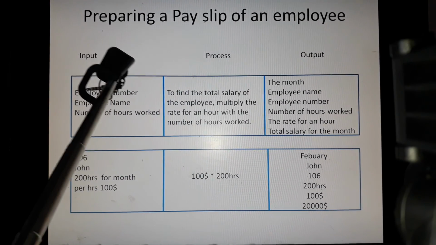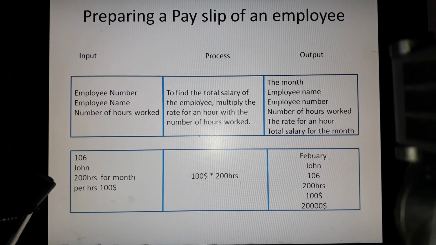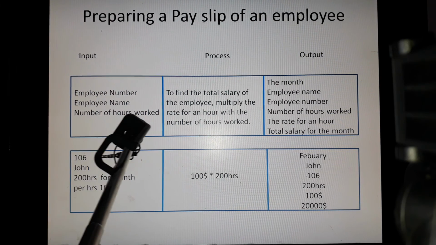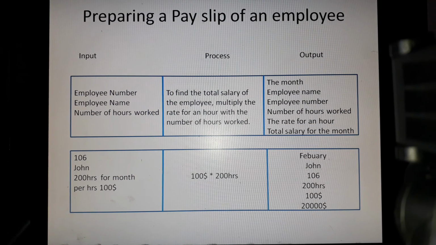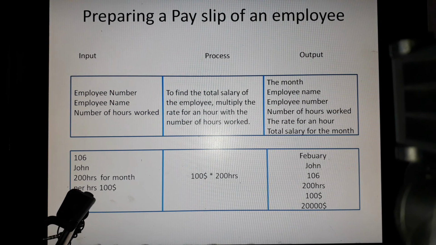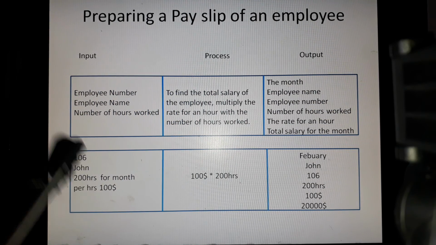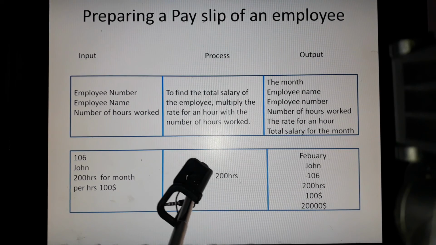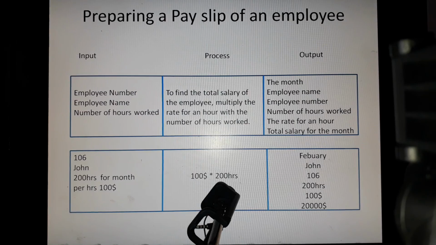For example, input: employee number 106, employee name John, number of hours worked 200 hours per month, pay for an hour $100. Then process: $100 multiplied by 200 hours.